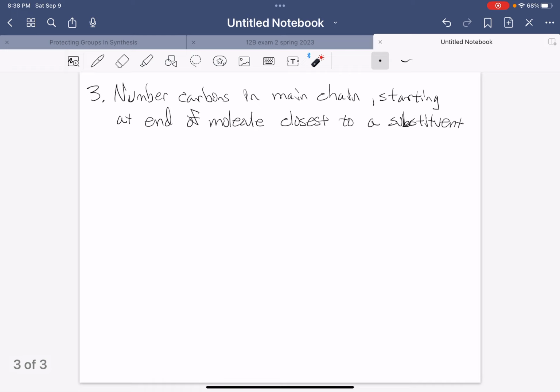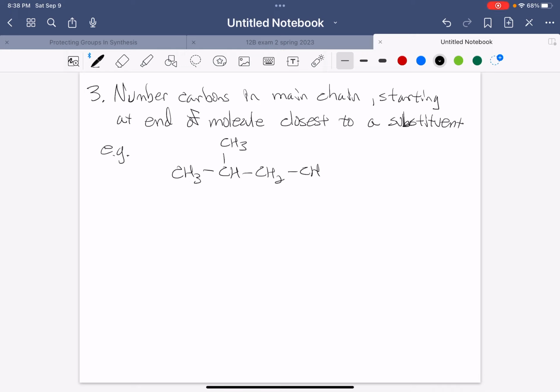So let me draw a different example. So now my longest chain here is 1, 2, 3, 4, 5 carbons. And I'll go ahead and number these in red: 1, 2, 3, 4, 5.